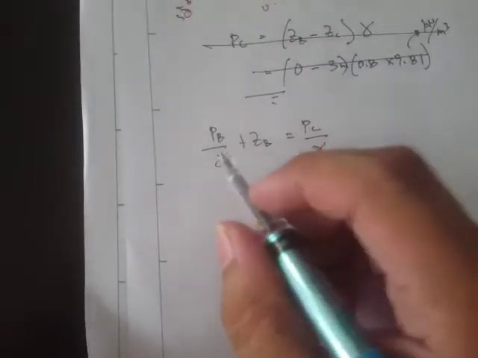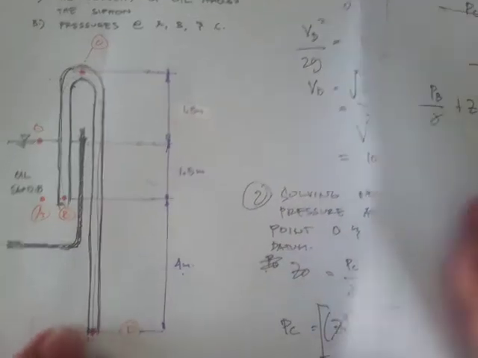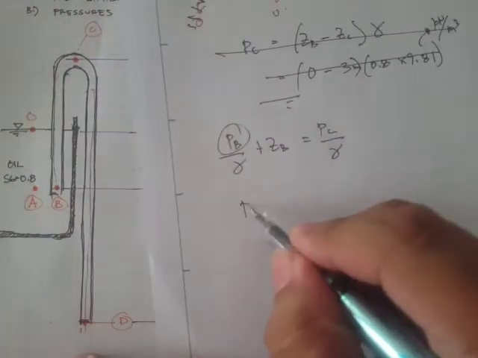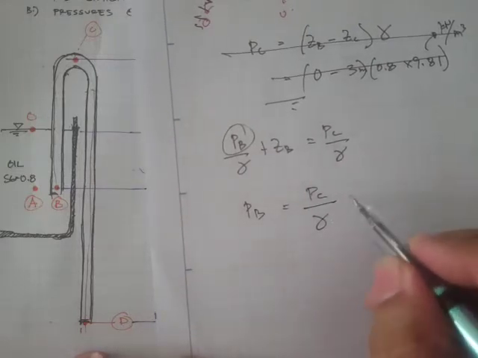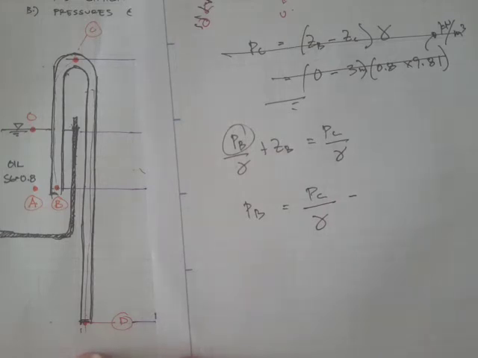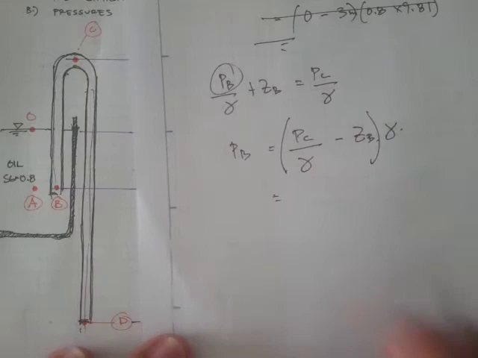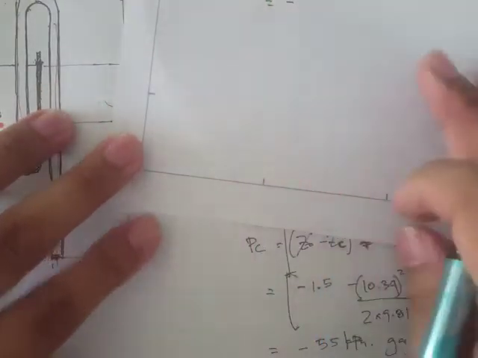Since we are solving for the pressure at B, P sub B is equal to P sub C by this one minus Z sub B, times the unit weight. Our P sub C is negative 55 kPa.